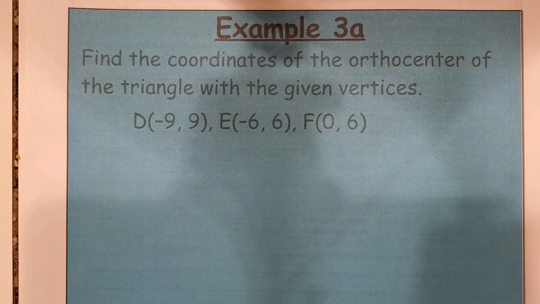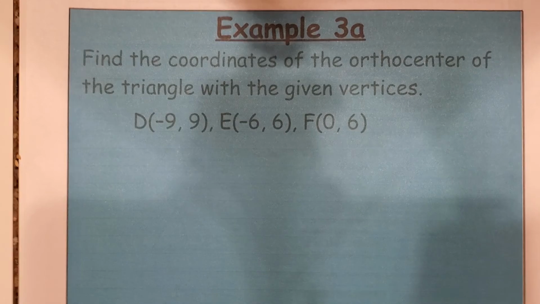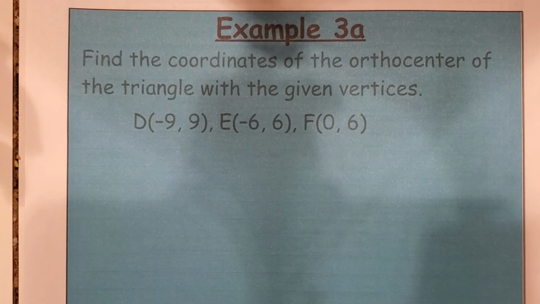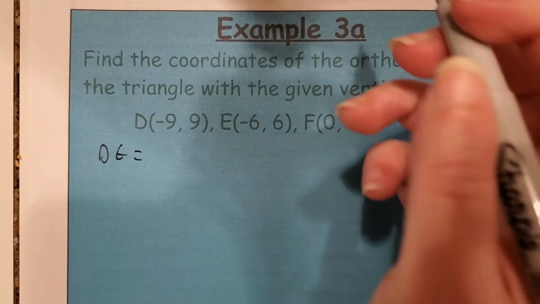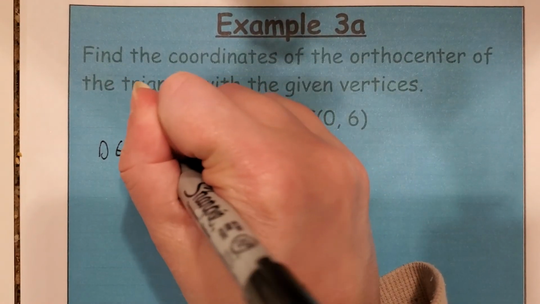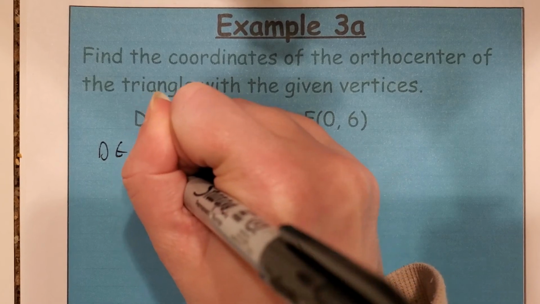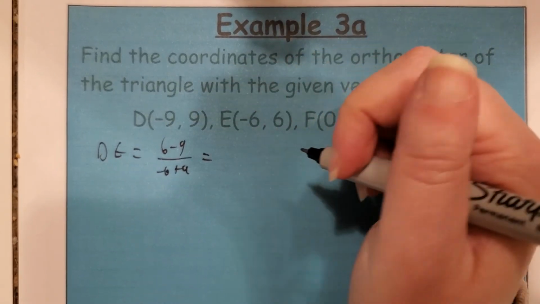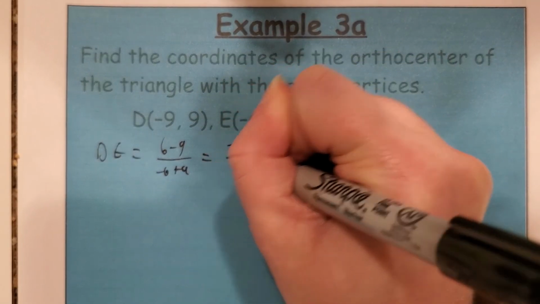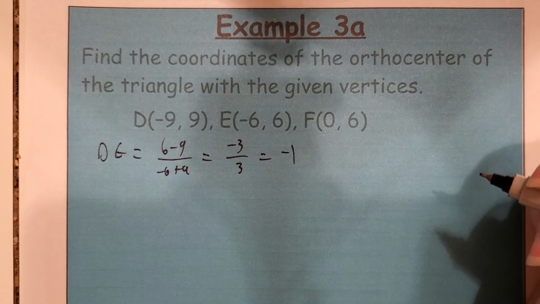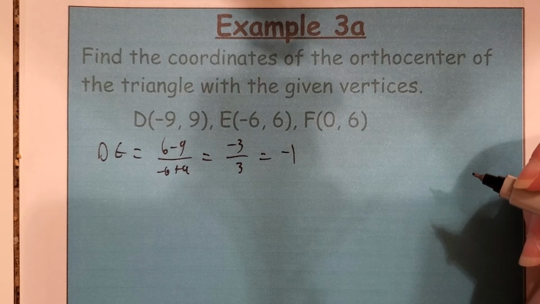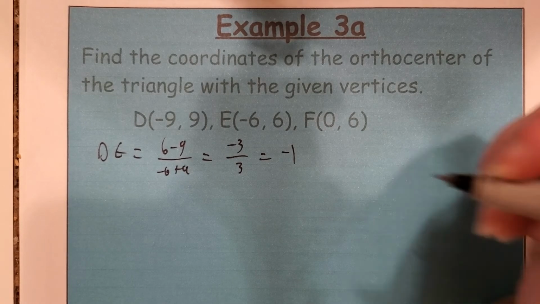But this problem is exactly the same as what we just did. We are going to find the slope of DE first. So that is 6 minus 9 over, okay, that's the slope of DE. For the orthocenter, we're dealing with altitudes, which means we want a whole bunch of perpendicular stuff.